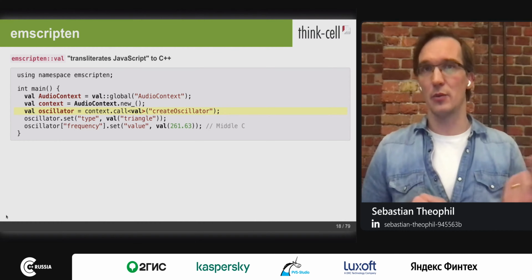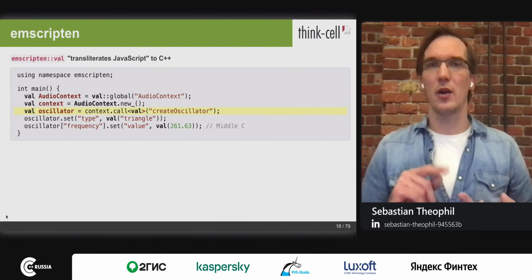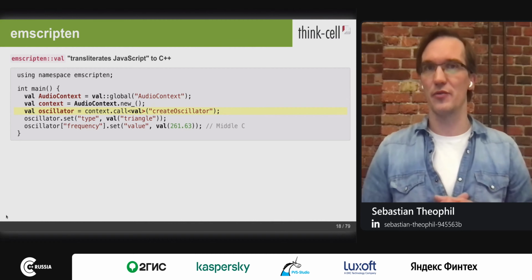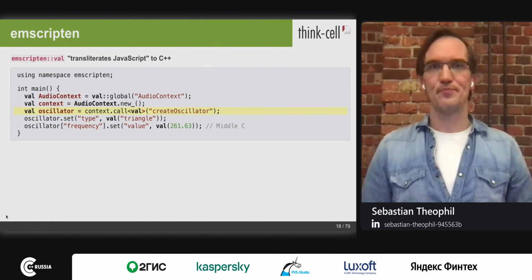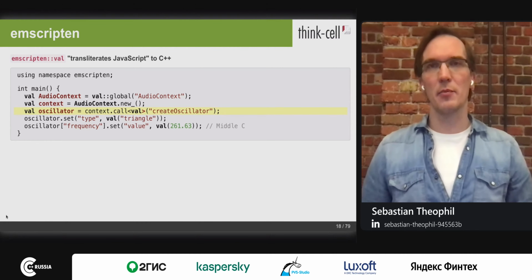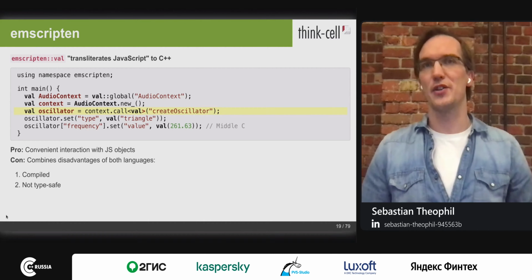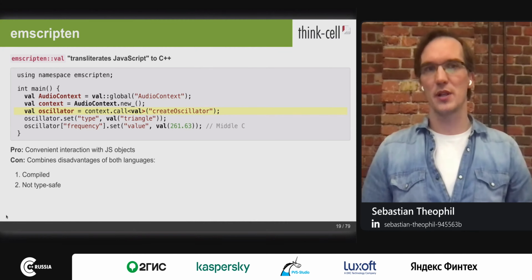What arguments does it take? Which arguments are required? And what's its return value? Does it actually return a val? Because we also specify the return value explicitly. So that's a problem. It effectively means that this API combines the two disadvantages of JavaScript and C++.